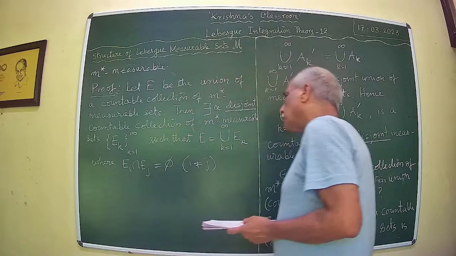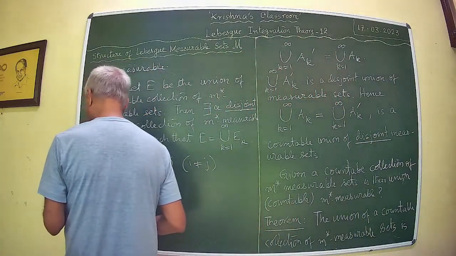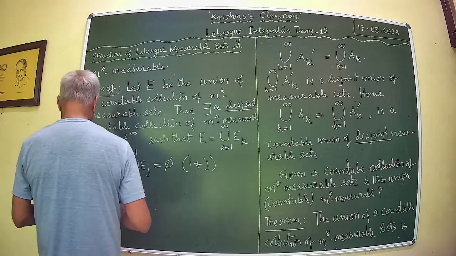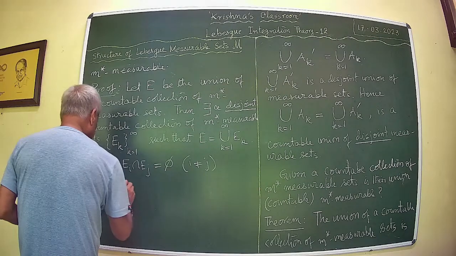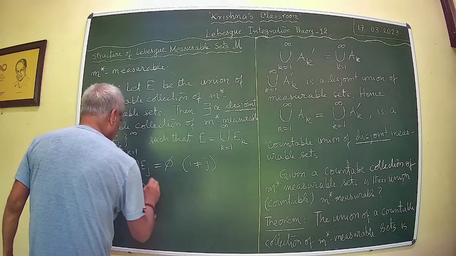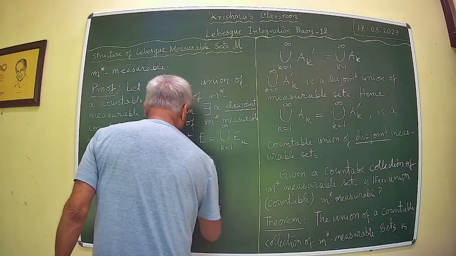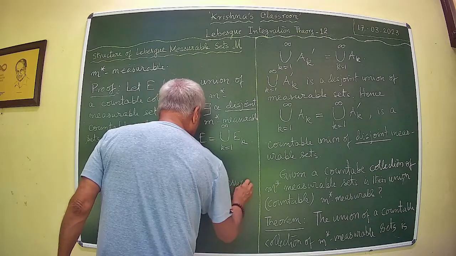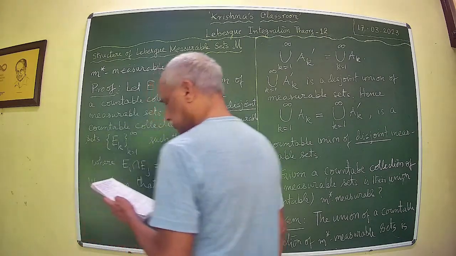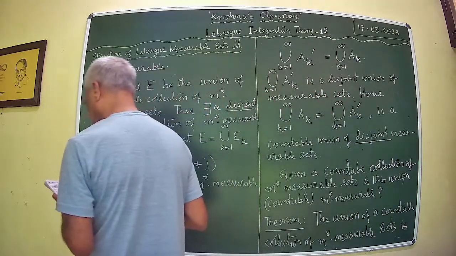So we now prove that E is measurable. Therefore what you need to show is the following.